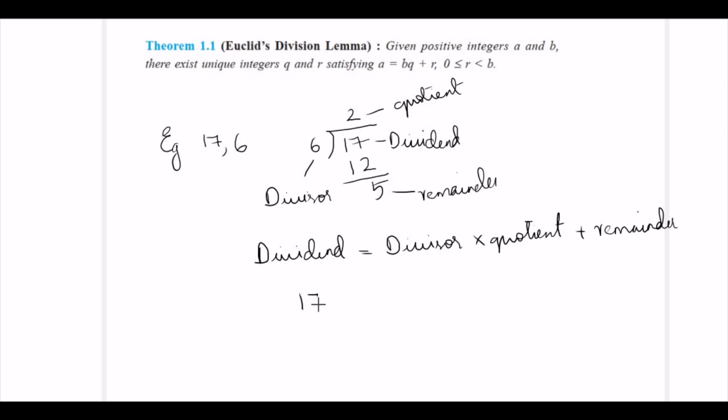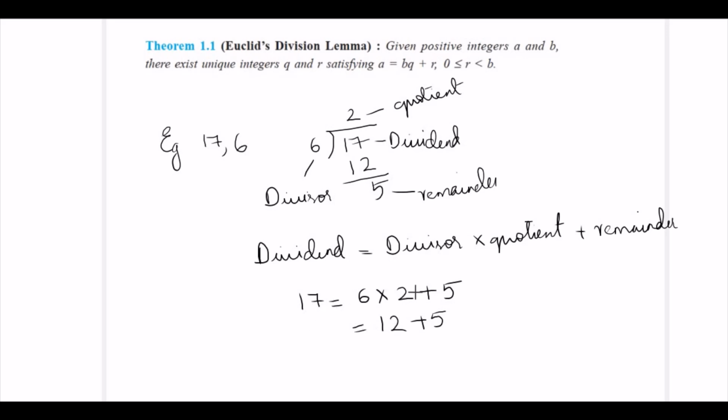So here the dividend is 17. 17 can be written as divisor. Divisor is 6 into quotient. Quotient is 2 plus remainder. Remainder is 5. That is 12 plus 5. 12 plus 5 is 17.